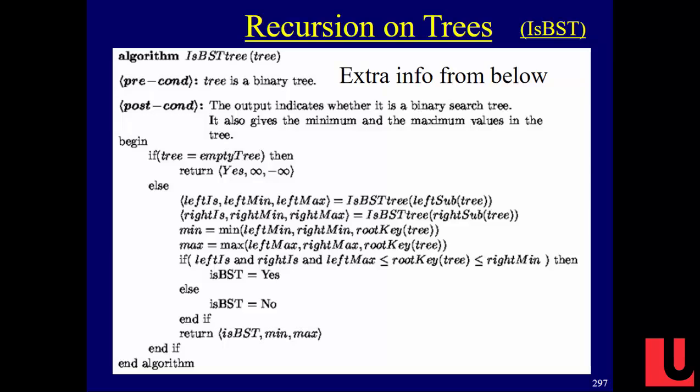The min is infinity and the max is negative infinity. Otherwise, we recurse on the left subtree, and we get left min, left max, and right min, right max. Then we have to calculate the min and the max for our boss. So our min is the min of our left, our right, and our root, and our max is the max. And then we can do what we did before.